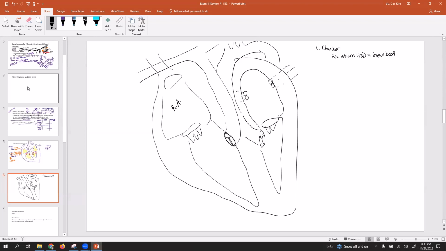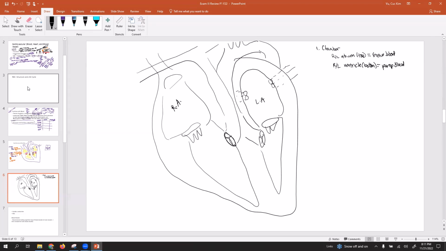So that's the right atrium, and this is the left atrium. Then you have the ones below, the right and left ventricle, and these are always on the bottom. They pump the blood out of the heart. I try to do two things at once instead of just memorizing the structure.